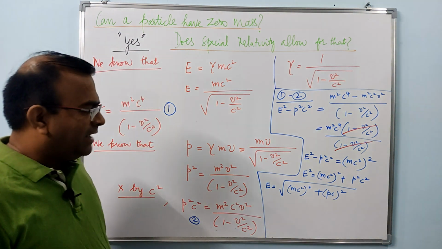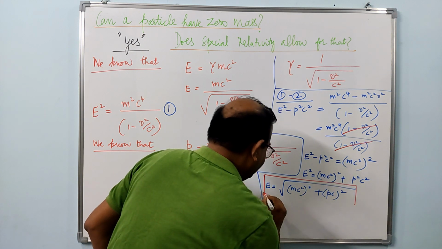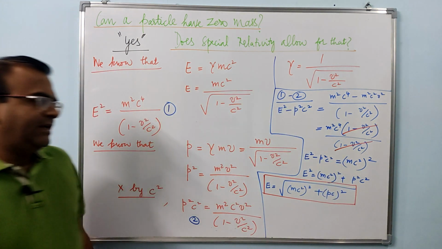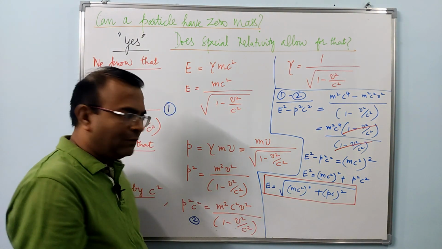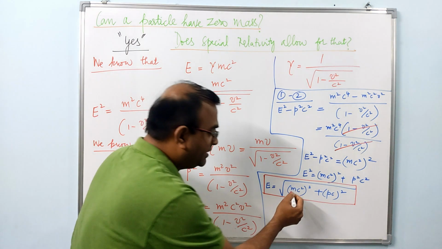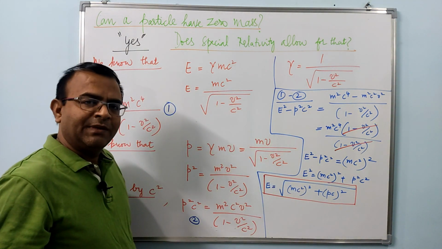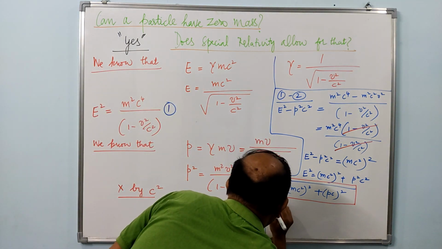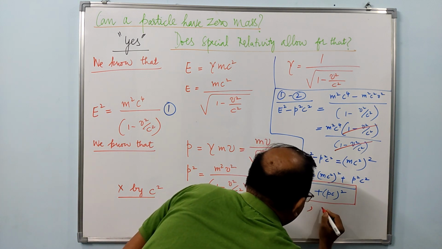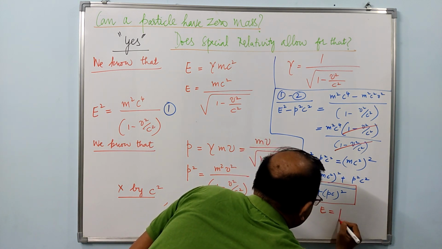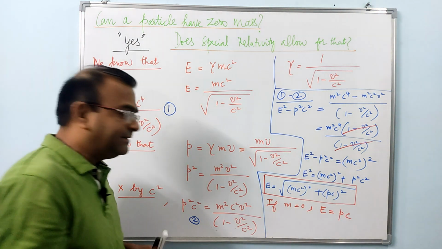And this is the expression that connects energy with rest mass energy and the momentum in special relativity. Now, this expression is very significant in special relativity because it tells us that even if mass is 0, the first term can vanish, become 0, and then the energy becomes equal to pc. That is, if m is equal to 0, we get E is equal to simply pc.